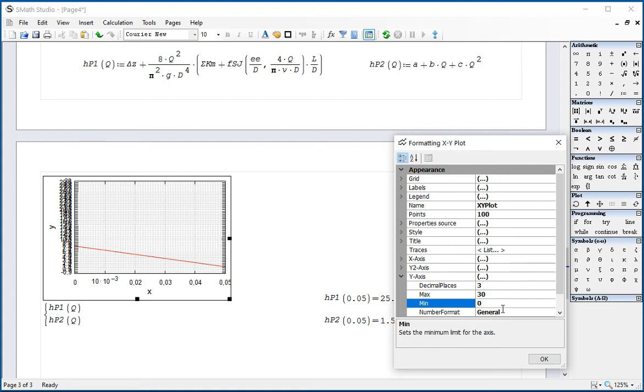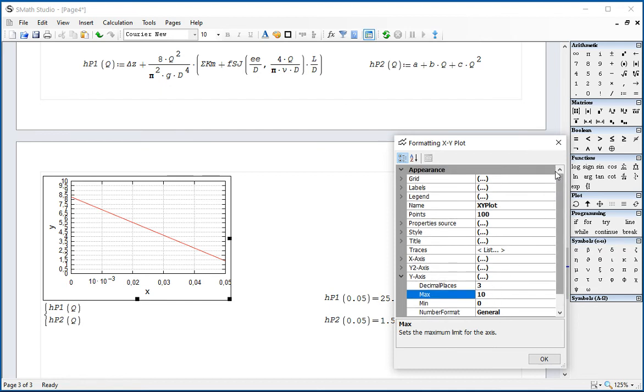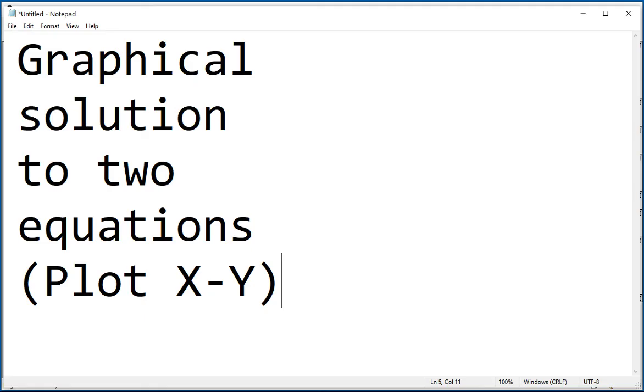And the 30 is a little bit high, so I try 3. No, 3 is too small, so let's try 10. 10 is better. But I'm not getting my HP. Let's see. Actually, I finally got the curves.